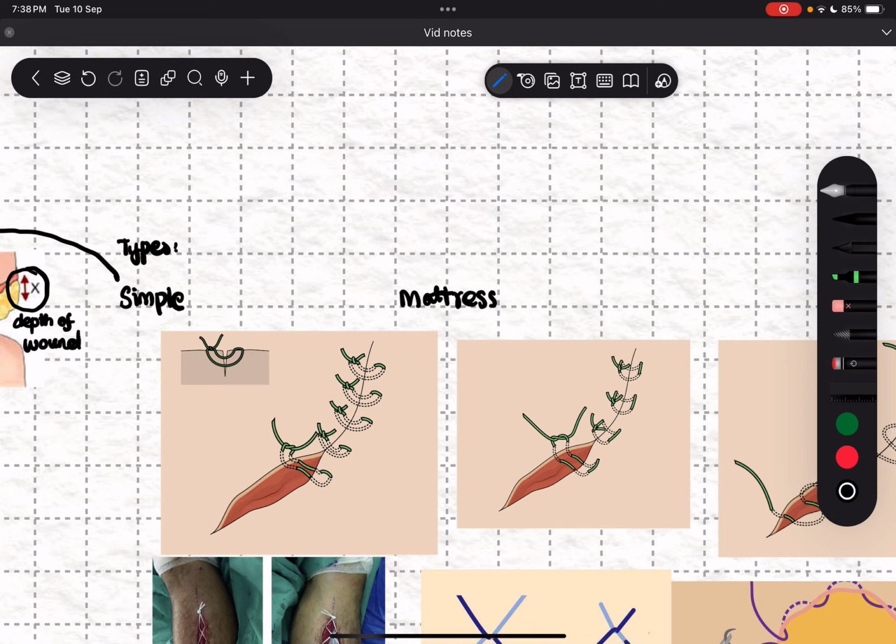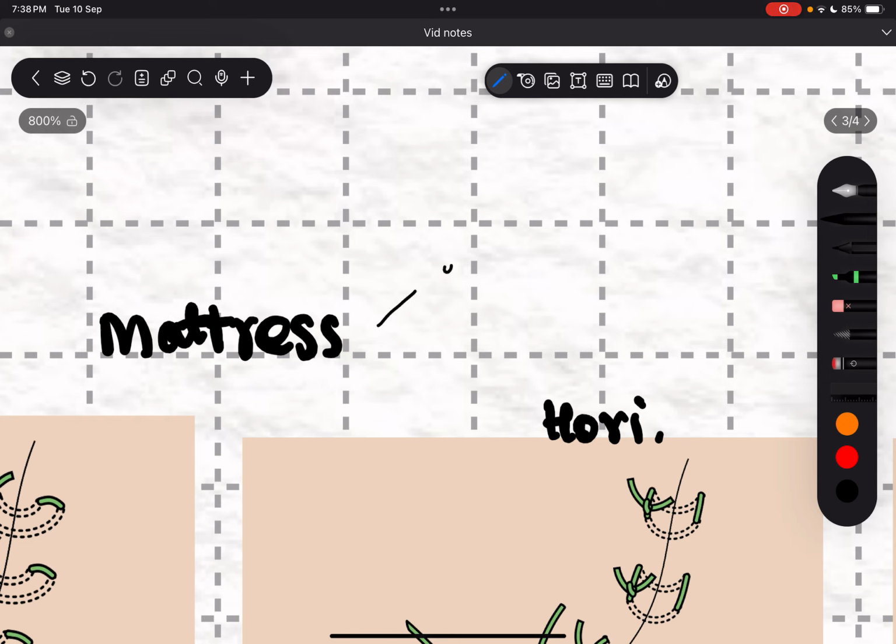This is a vertical mattress suture and this is a horizontal mattress suture. The thing with mattress sutures is that it causes skin eversion. Eversion is what we need in a skin suture, and also hemostasis.